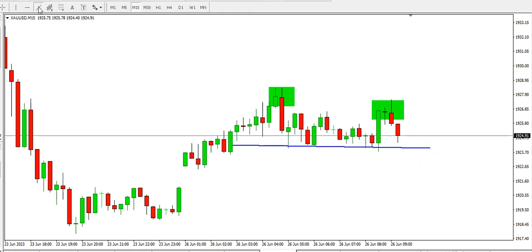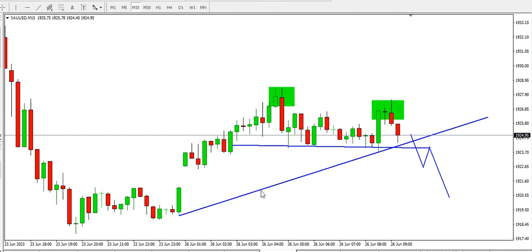So if price is going to drop, we might possibly see price dropping to this point and then retesting the neckline for price to drop lower. But for now, the trend on the 15 minutes time frame is still bullish until we have a break below this particular ascending trend line.